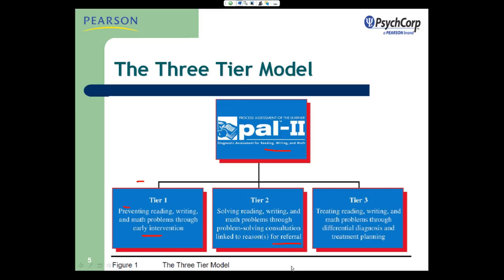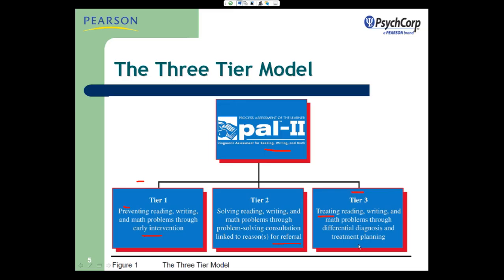And we'll talk about how you could use the PAL2 to look at the specific referral question, select assessment components or subtests that would give you the information that you need to maybe become more specific in terms of the intervention. And then certainly at Tier 3, we're again looking at linking treatment or intervention.